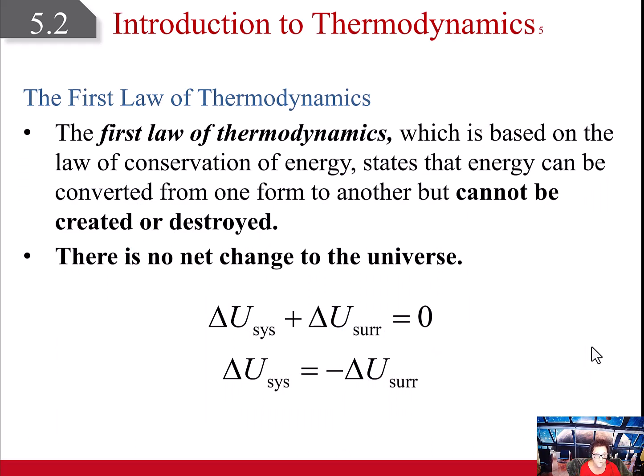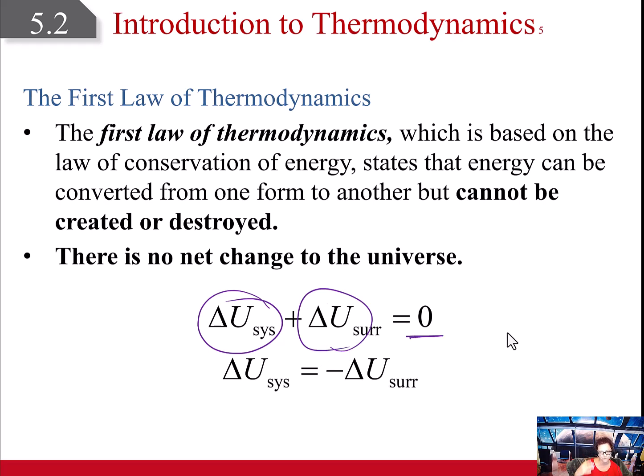So the first law of thermodynamics is that you cannot create or destroy energy, otherwise known as energy is conserved. Okay, that means you can't make more or less. So you will do that in the system, but it's going to exchange things with the surroundings so that the system plus the surroundings is always going to equal zero.